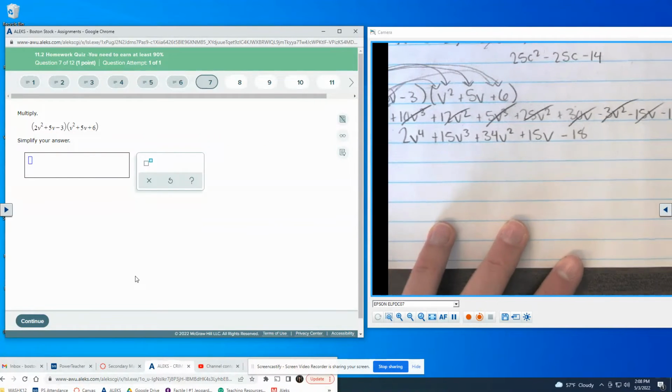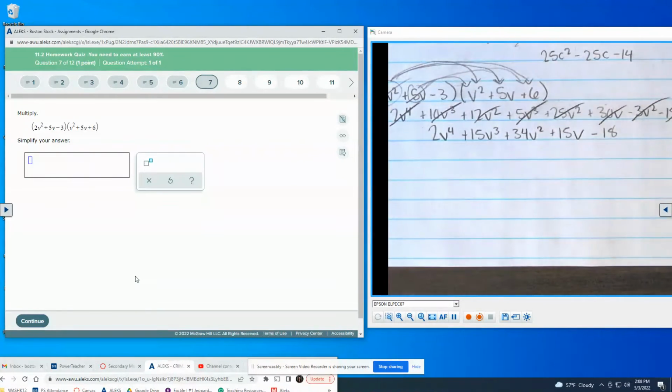So I just combined like terms like we learned in 11.1, and then I type all of that in. Plus 15v to the third, plus 34v squared, plus 15v, and if I added or subtracted something wrong, just fix it on yours. Okay.